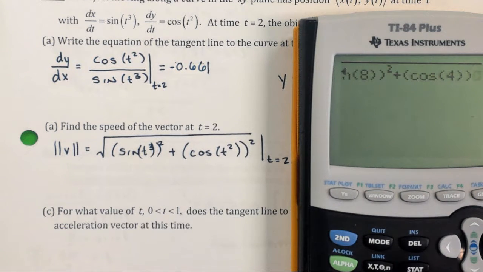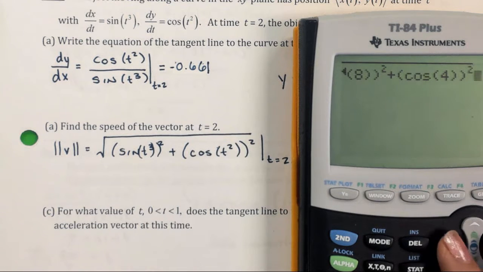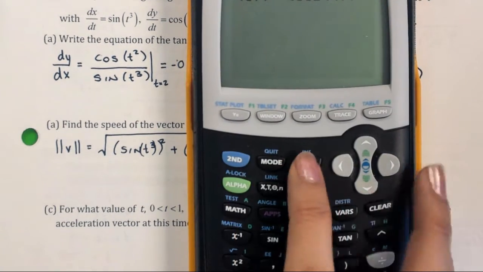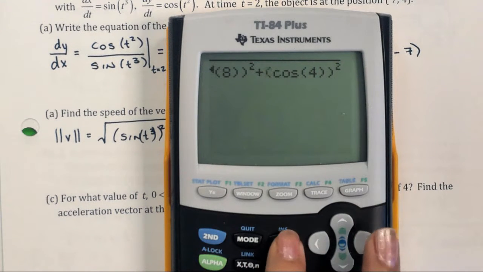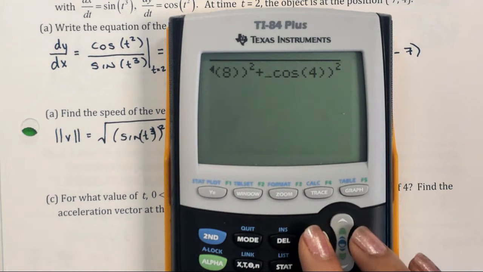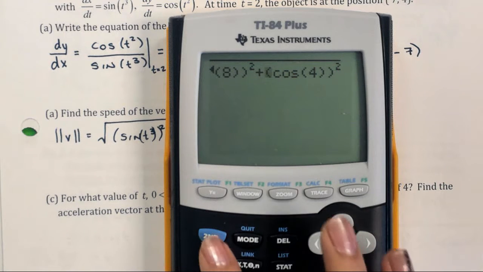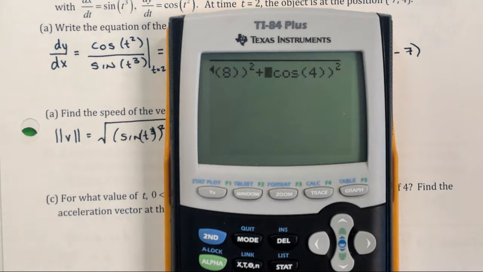Oh, if you press second INS, then you can insert something in between. Then you don't have to rewrite it. Why are you retyping everything? How many times did I mess up the calculator portion?